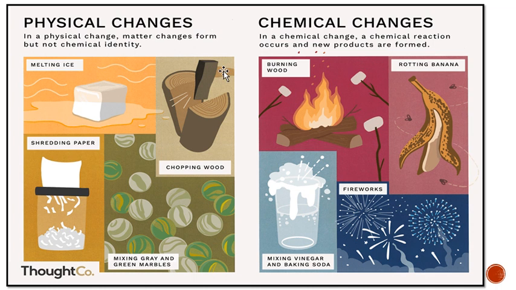The form of the matter or the object changes, but its chemical identity or composition does not change. Again, like physical properties, the original composition of the substance or matter does not change.